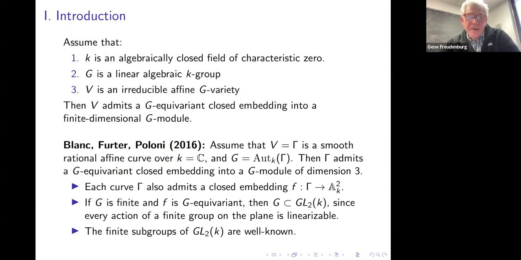Each of these curves gamma also admits a closed embedding into the plane. If G is finite and the embedding is G-equivariant, then in fact G is a subgroup of GL2, since every action of a finite group on the plane can be linearized, and those finite groups are of course well known.